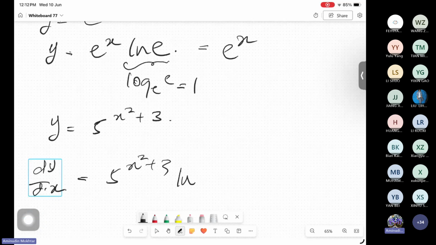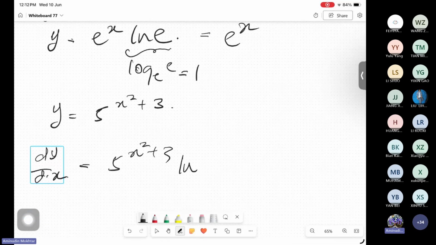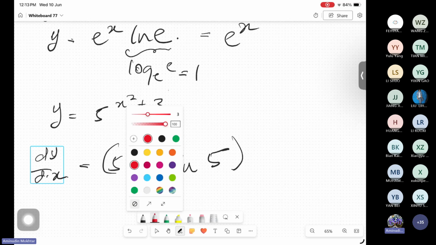Based on this rule, it is ln a, the natural log of the base, ln pi. Okay, that is the first part of the equation, based on the derivative of an exponential function.